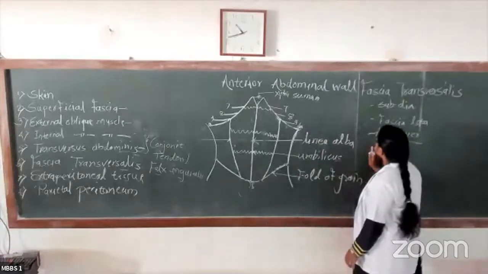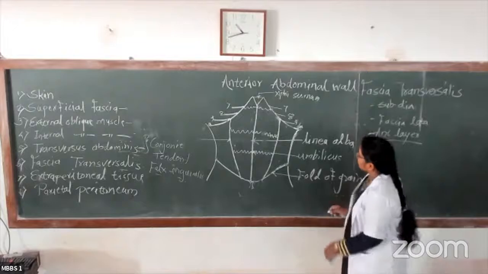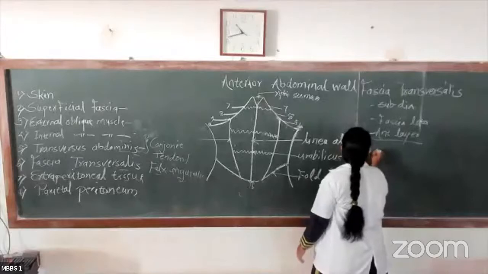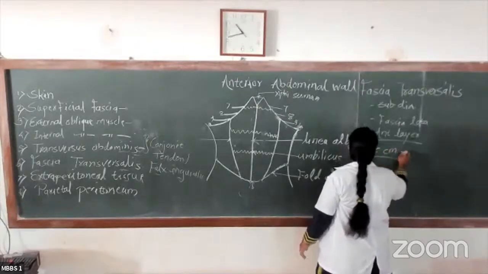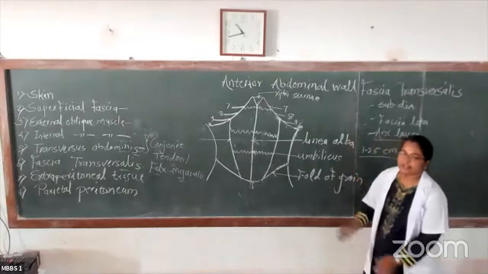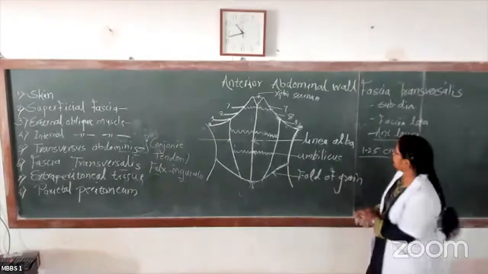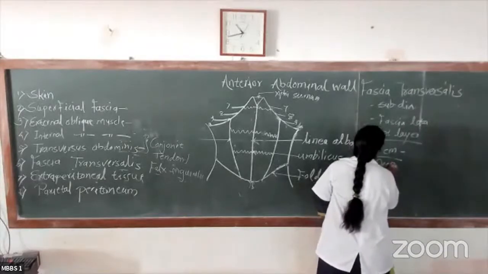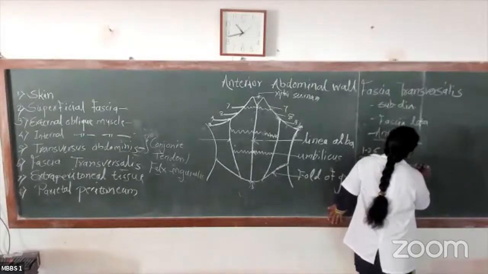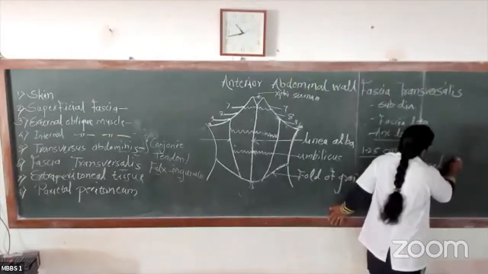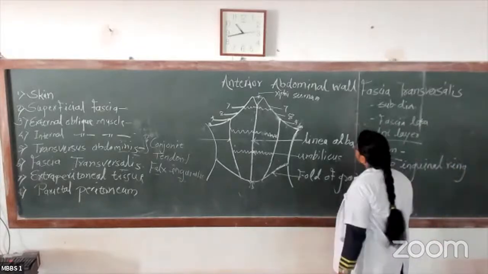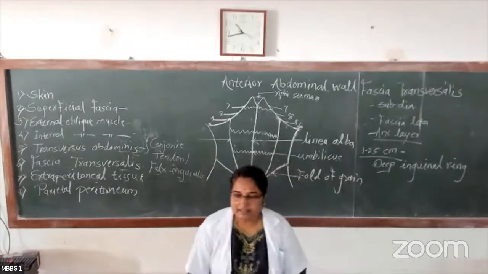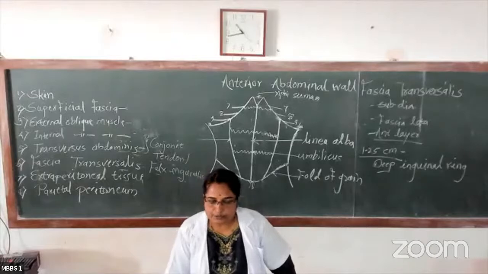Now in this fascia transversalis, 1.25 centimeters above the mid-inguinal point, there is an oval opening which is called the deep inguinal ring, through which the spermatic cord in males and the round ligament of uterus in females pass.